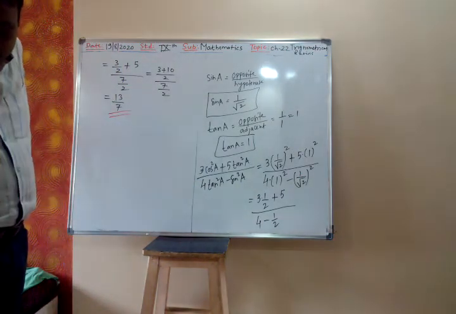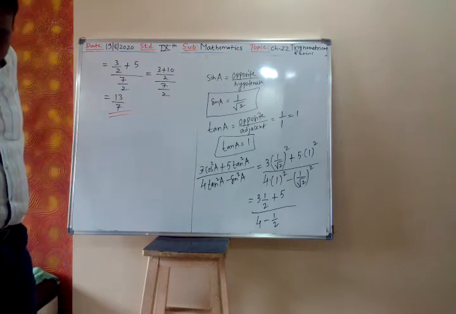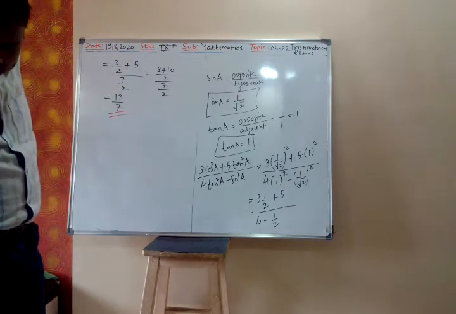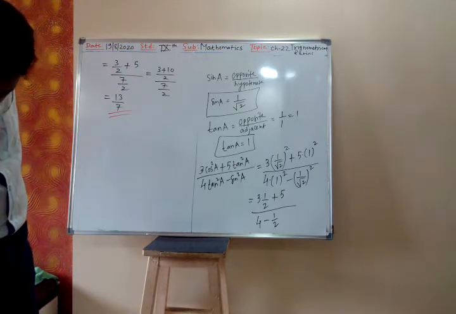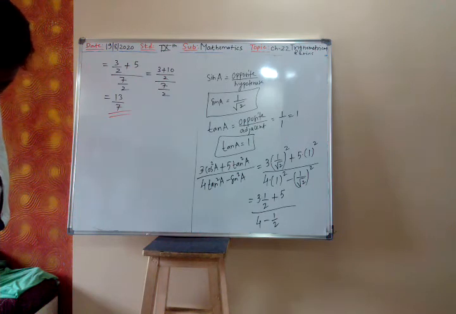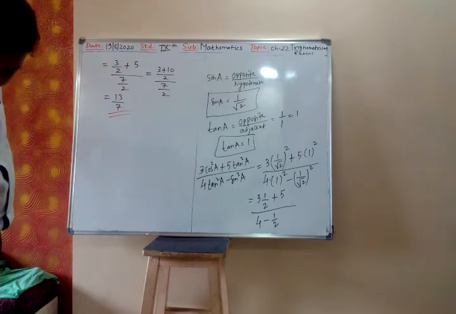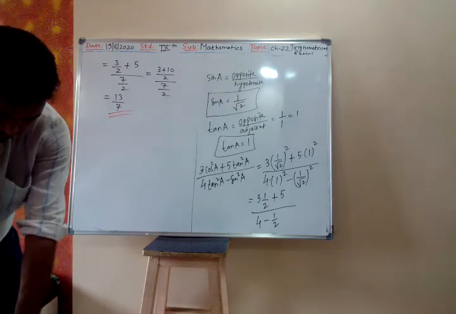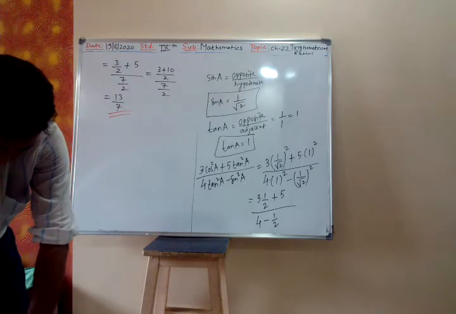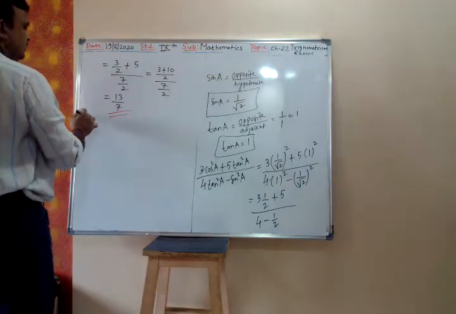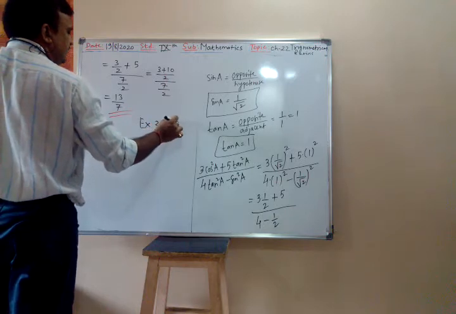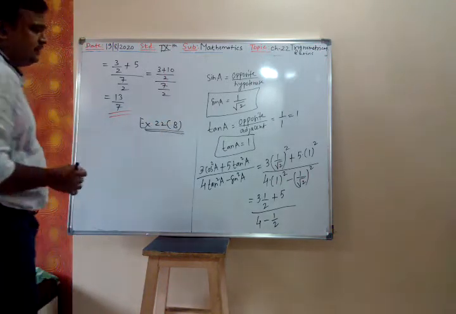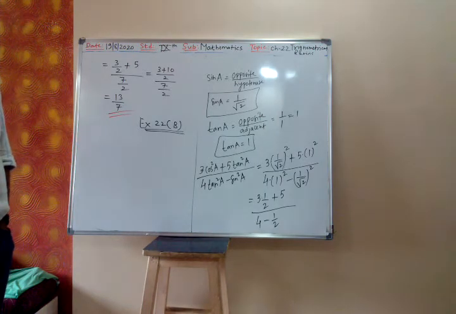Now question 22. Instead of solving the first part first, let me do the second, so that if you know how to solve the second, you can easily solve the first.